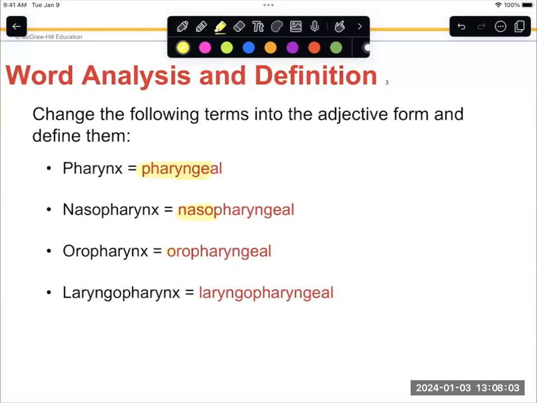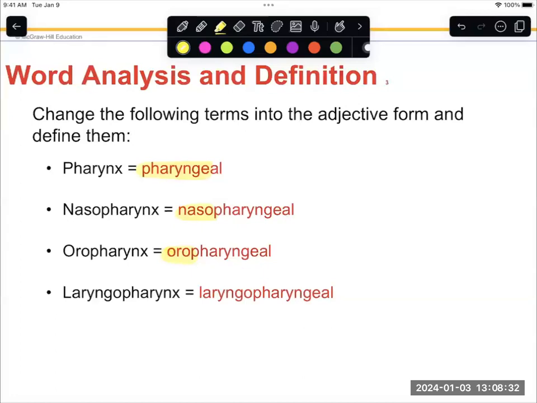Oropharynx becomes oropharyngeal. Oro is my combining form. So that oropharynx is the region at the back of the mouth between the soft palate and the tip of the epiglottis. Laryngopharynx becomes laryngopharyngeal.